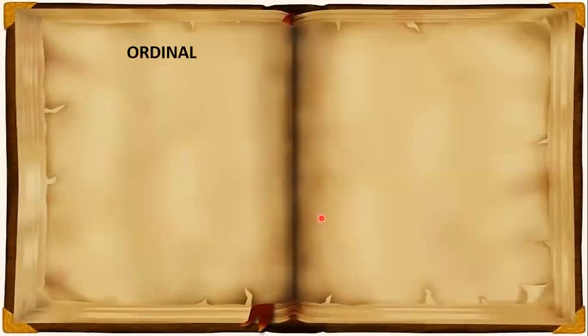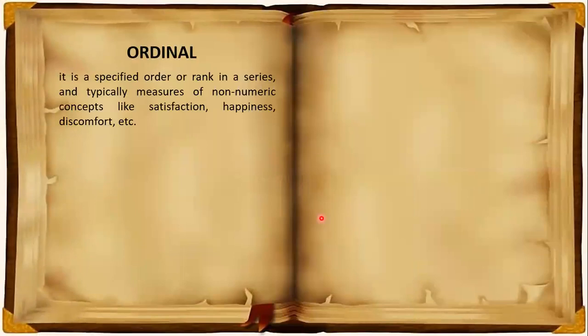Next, let's proceed to the ordinal. So ordinal, it is a specified order or rank in a series and typically measures non-numeric concepts like satisfaction, happiness, discomfort, and etc. So in ordinal data, class, it describes ranking or order.